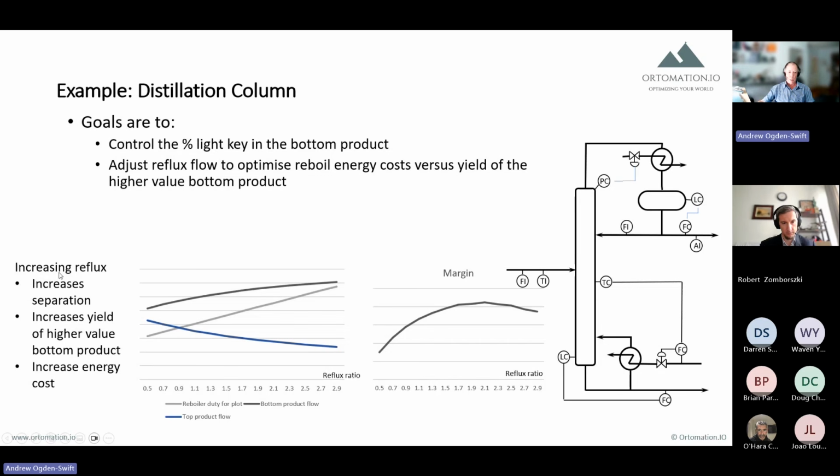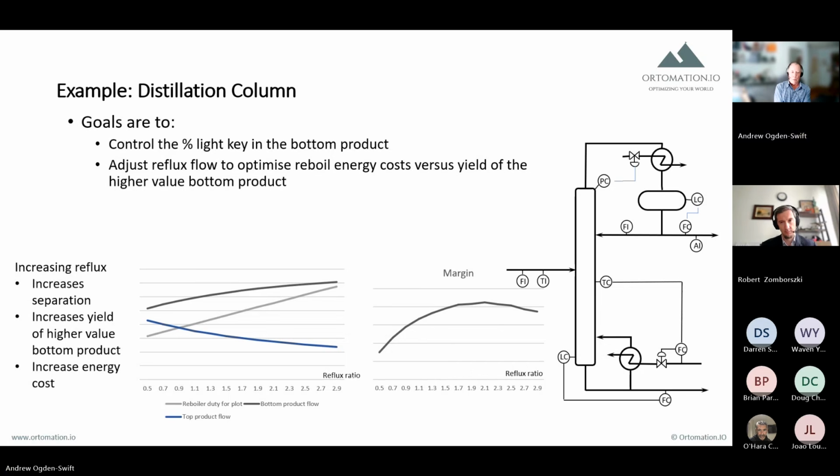As we increase reflux, that increases separation. You get more liquid spilling down the trays, the temperature cools, that increases the reboil duty, and so you get more vapor coming up the column. And that increases fractionation on the trays or on the packing.